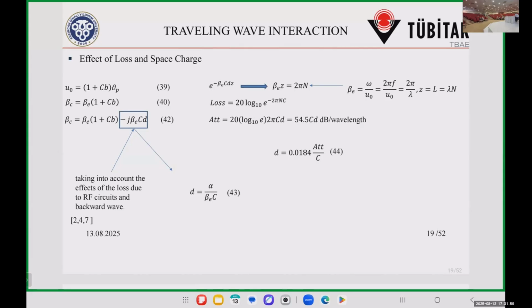We can also write attenuation in terms of Nepers, 0.0184 attenuation divided by the small signal gain parameter C. This is equation 44.